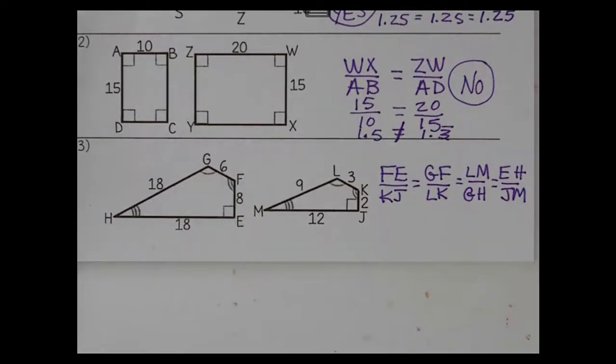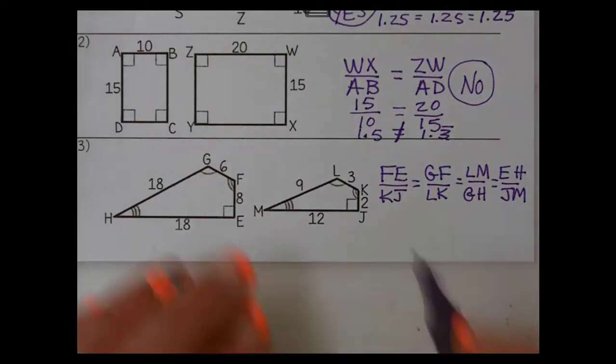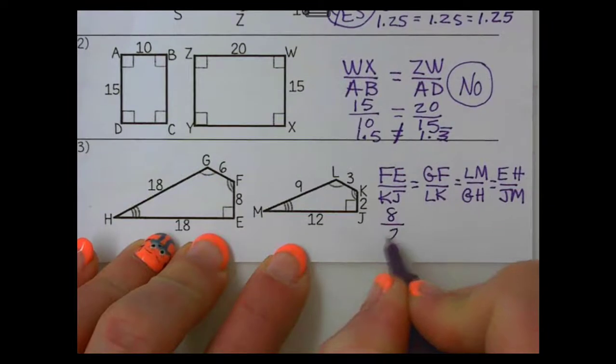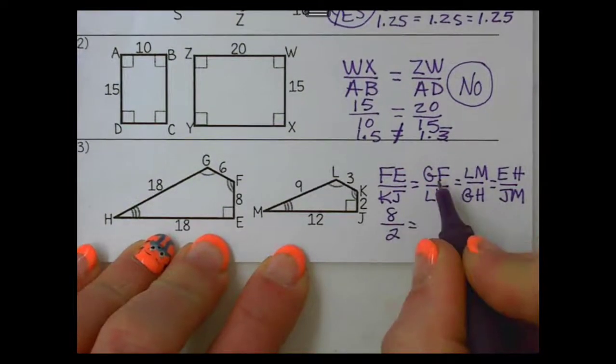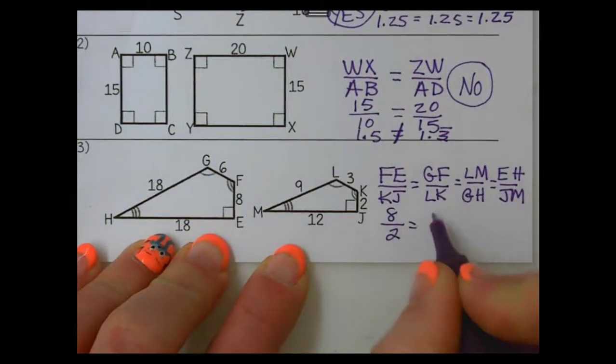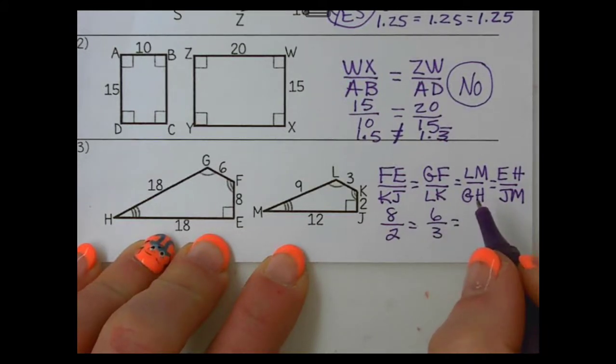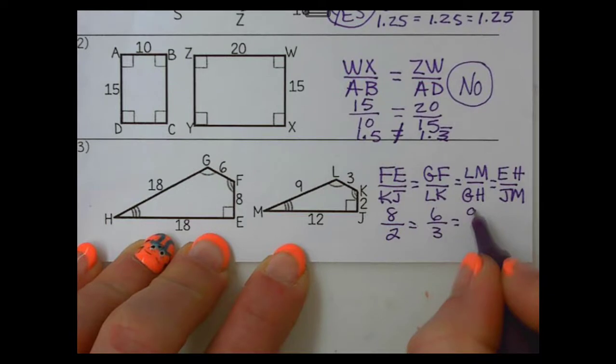And then we are going to see if those ratios reduce to the same. We'll see. Okay, FE is 8, KJ is 2, GF 6 to 3, LM 9.